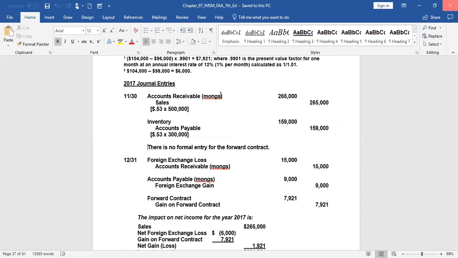So we actually gained because the mong decreased in value. So when you owe money and the mong goes down in relation to US dollars, you have a gain. So we'll credit foreign exchange gain for 9,000, debit accounts payable, because you would be paying less.